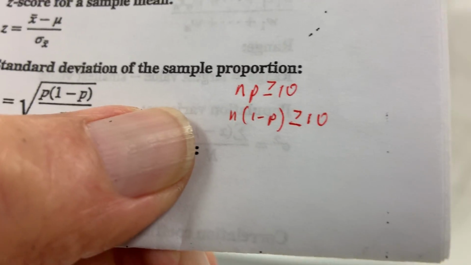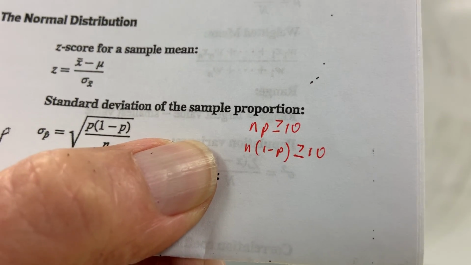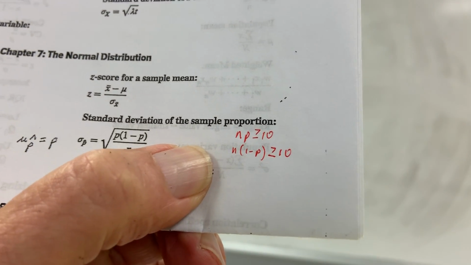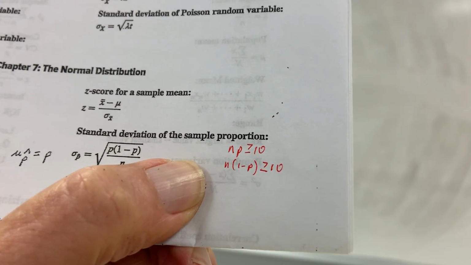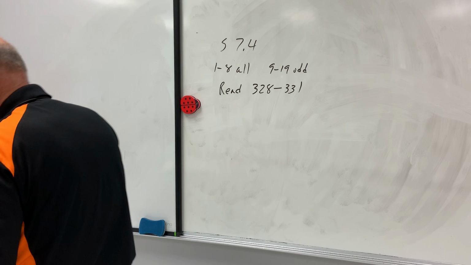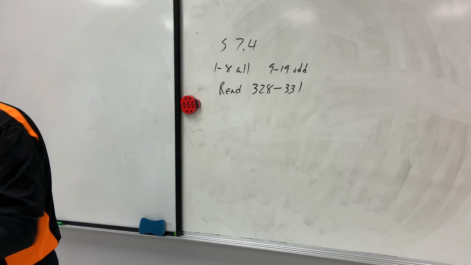I want you to add what I have in red here: np is equal to or greater than 10, and n times 1 minus p is equal to or greater than 10. That tells you that you've got to have numbers equal to or greater than 10 for both of those in order for the central limit theorem for proportions to work.